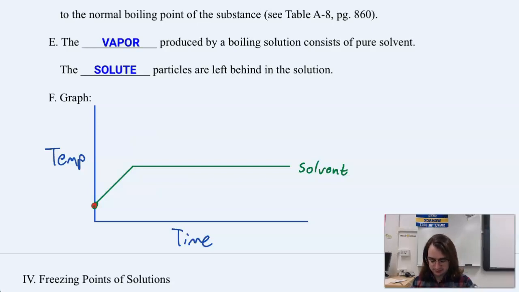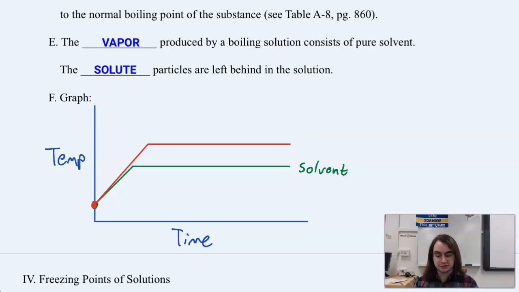So now let's say that we have the solution, which we are going to start at a different time. The rate might have been a little different, which doesn't really matter too much here. I just want to make sure that we can see the different lines. But you might notice, like I said before, that the salt water is going to boil at a different temperature. But here's something that you might not have noticed.